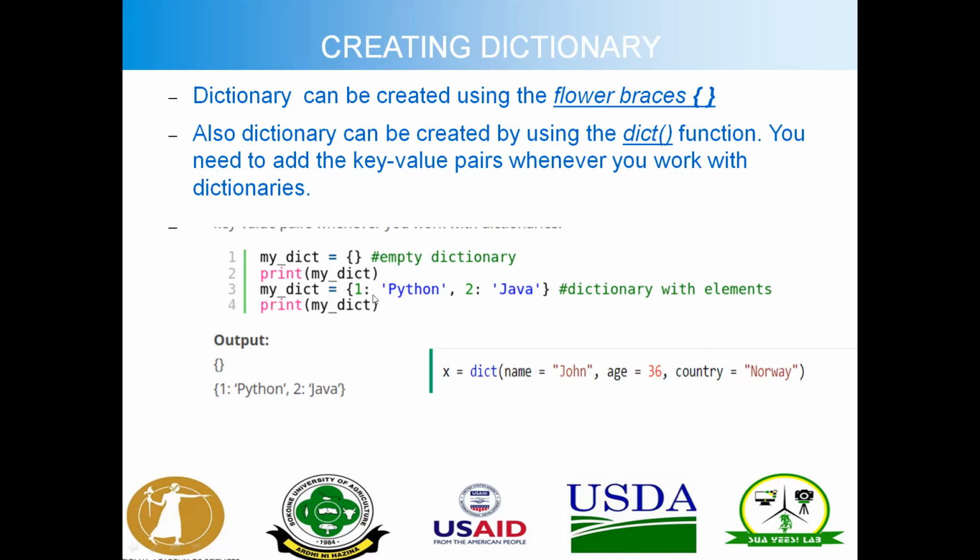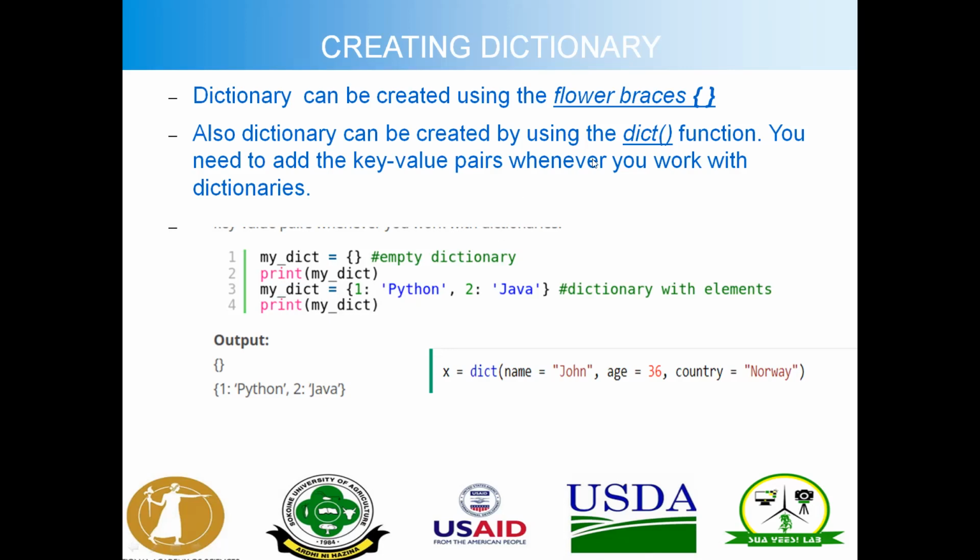In another way, on line number 3 here, you can see there is a my dict dictionary, but it has two key value pairs: the key 1 with the value Python, and comma, key 2 with the value Java. So this is how you can create a dictionary with key value pairs.